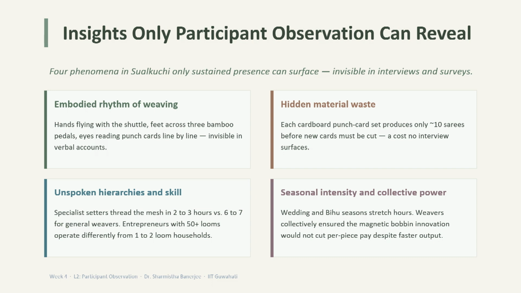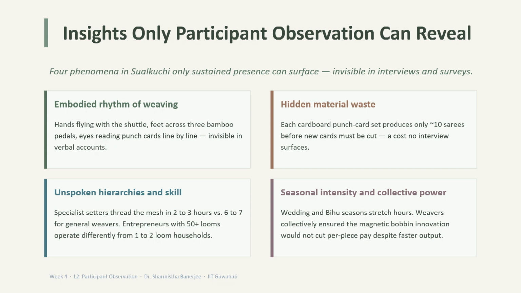We also saw the seasonal intensity and the collective power. During wedding and Bihu seasons, people stretch over hours. They might work long hours at night, wake up very early in the morning and keep working. However, during the actual Bihu celebration, the weavers take almost a month of holiday. All the weavers of Sualkuchi who come from outside go back to their homes, and there is no weaving work happening during that month.